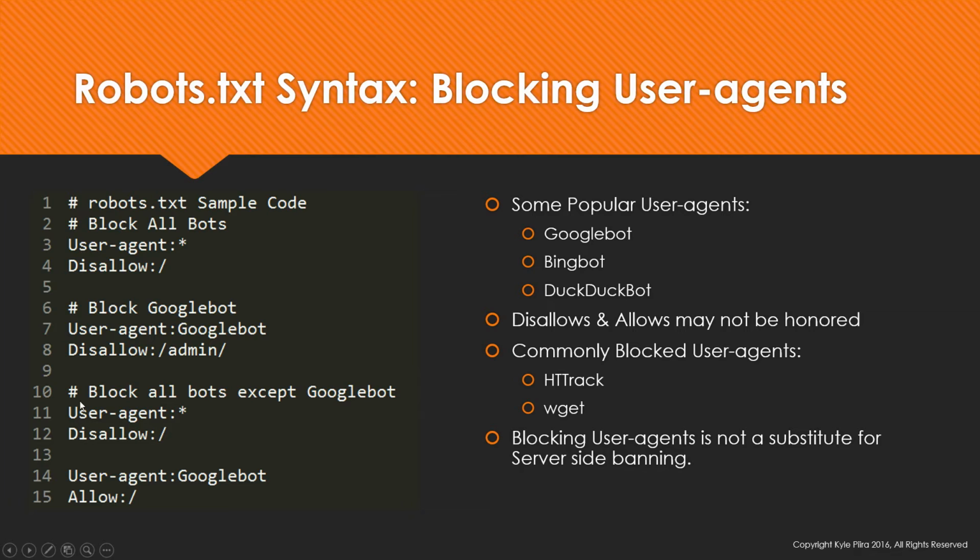The allow and disallow kind of cancel each other out. So basically we're saying all user agents, don't go anywhere, and then except for Googlebot, you are allowed to go anywhere you want, good friend.